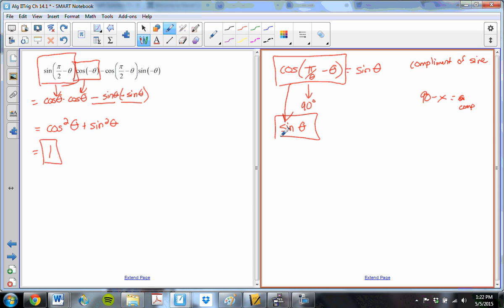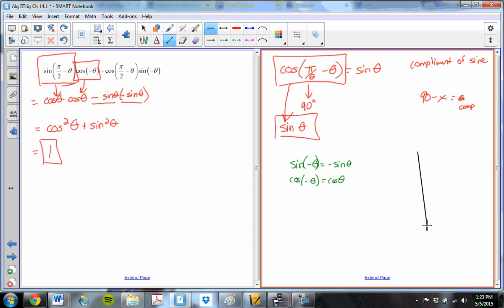Another identity that we have is that the sine of negative theta equals negative sine theta, and the cosine of negative theta is just cosine of theta. People get confused by this one at first, but it's actually quite simple. I'm going to draw an x and y axis here, and I'll put a unit circle on it.